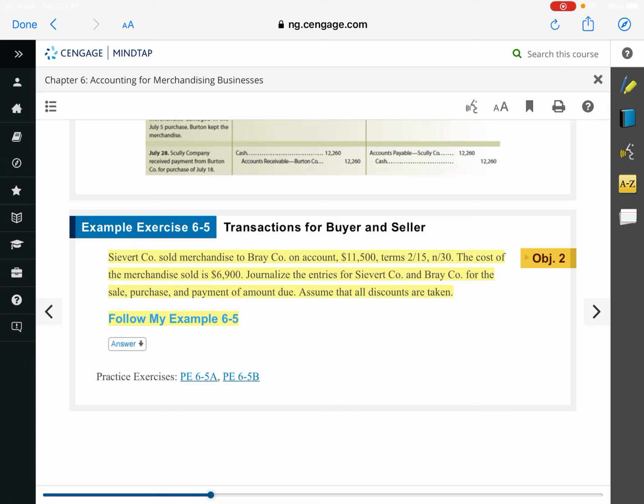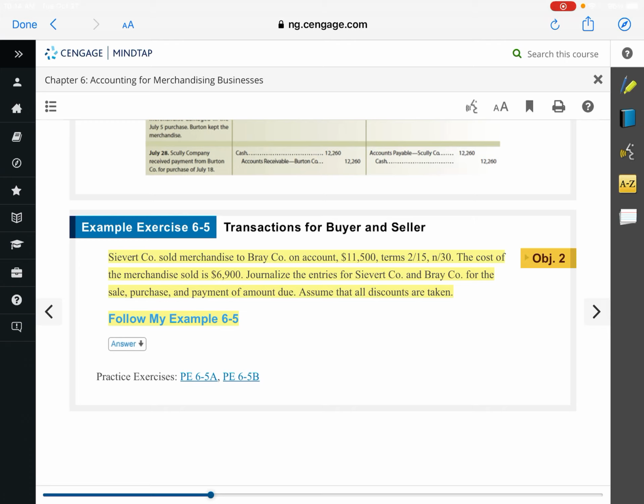Accounts payable. So we're going to set up a liability, and that serves as a promise for us to pay Seabrook Company $11,270 at some point in the future, which we know is within 15 days. Okay? Now, the cost of merchandise sold is $6,900.